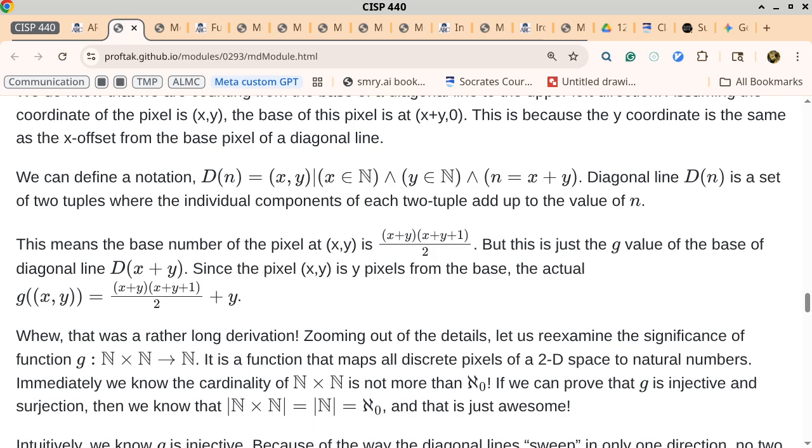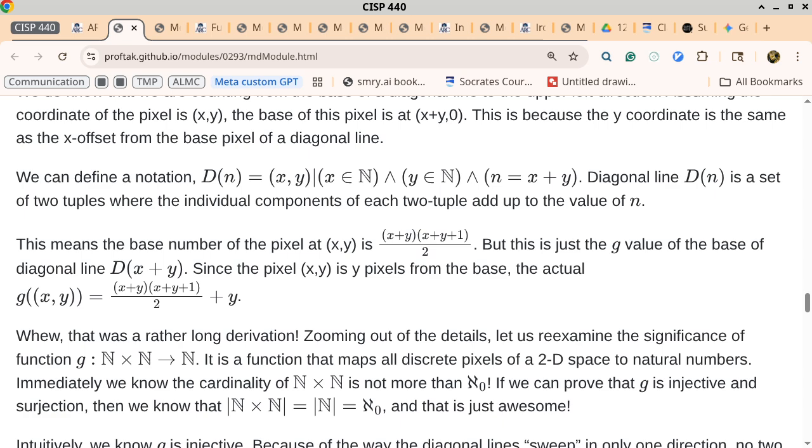So if you watch the video, this equation is defining the natural number that is supposed to be on the pixel that is on column X and row Y of the two-dimensional space. And the derivation of why it looks like this is all the stuff before that. Is that okay?